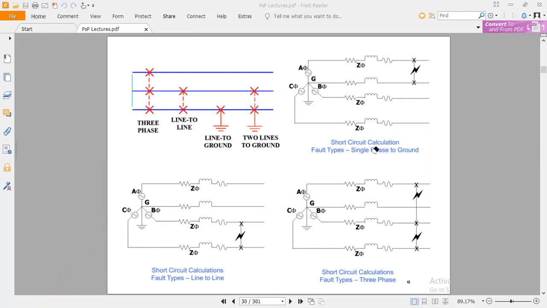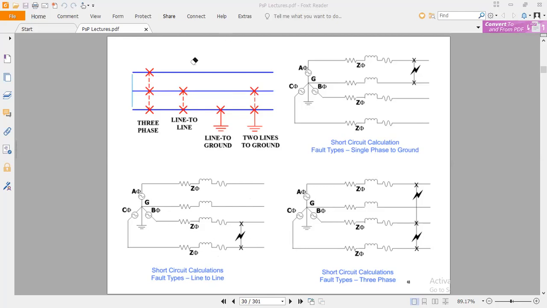We are moving further to the next category of fault, that is the line to line fault. Before that we discussed the phase to ground fault, and here we discussed the line to line fault. In this category, two phases are combined with each other and the fault is created.